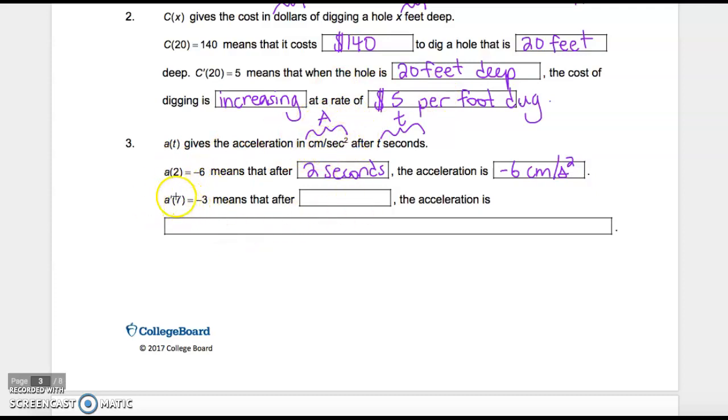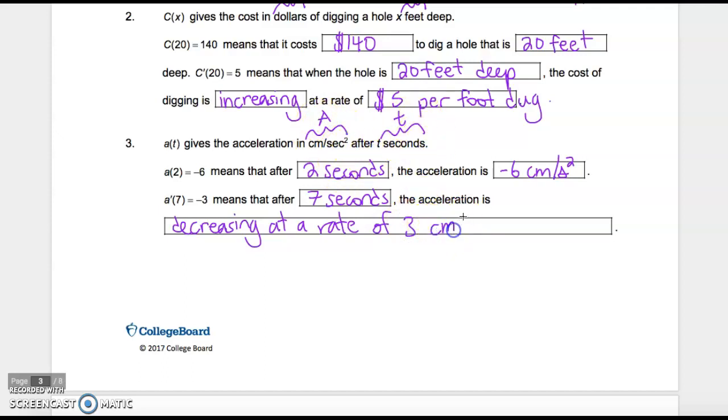Now, when we do the derivative, A prime of 7 equals negative 3 means that after 7 seconds, the acceleration is, what do we say, increasing or decreasing? We'd say decreasing here because it's negative. And then I'm just going to follow the same sentence structure as up here, at a rate of 3, and then I do my dependent units over my independent units.